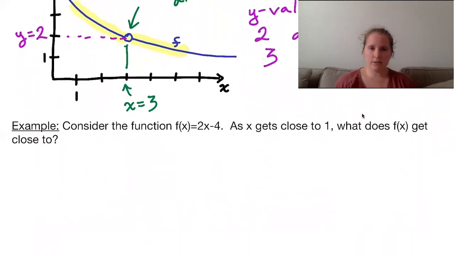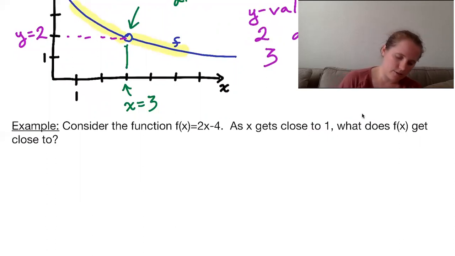Again, let's consider one more function. Let's consider the function f of x equals 2x minus 4. As x gets close to 1, what does f of x get close to? We can think of this just in terms of algebra, what's happening if we pick values very close to 1.